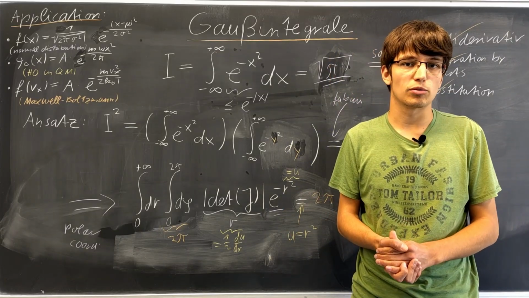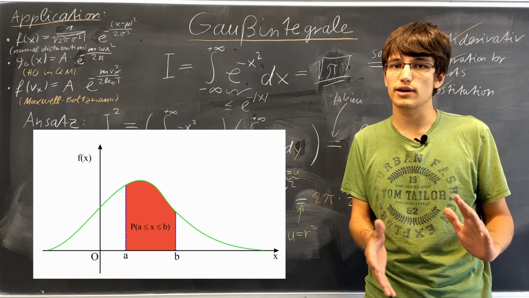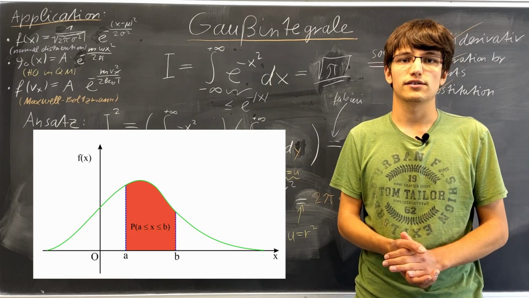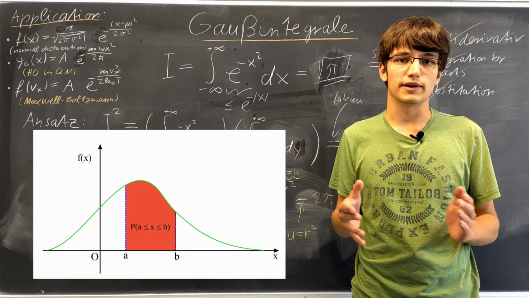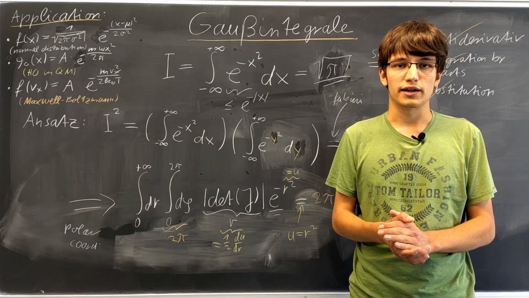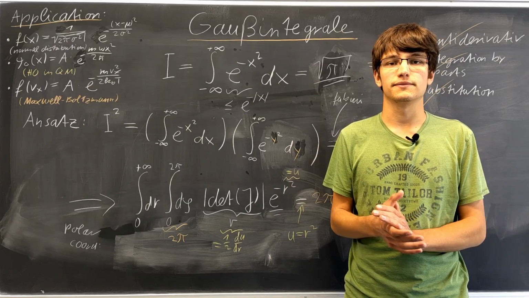And if we want the probability of finding particles in a certain area of velocity or space, we have to do an integral over it. And that's why it's important to understand the integral intuitively.